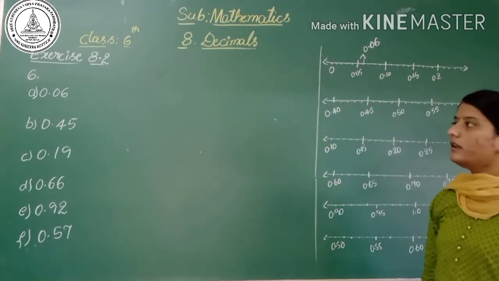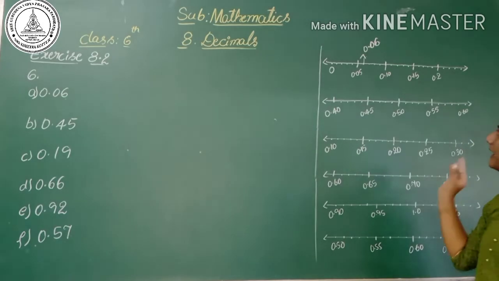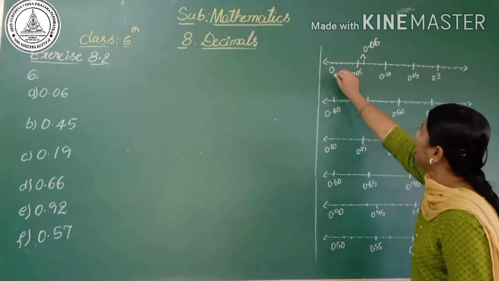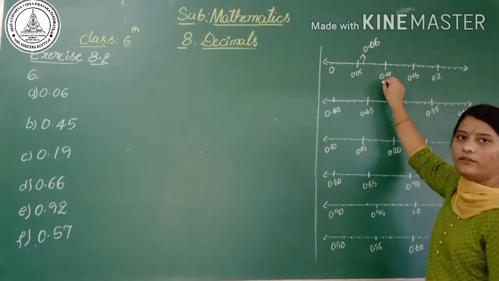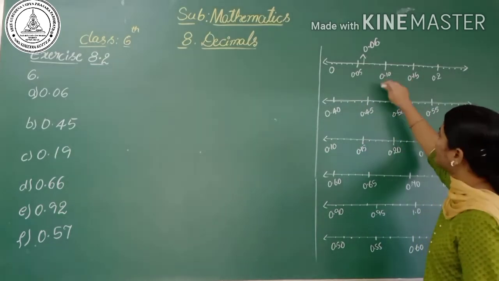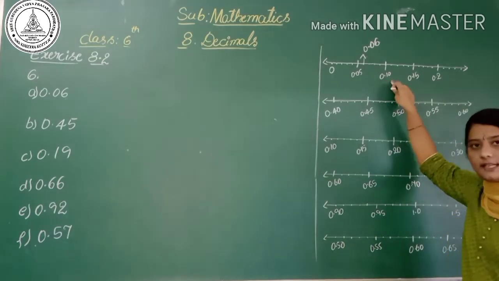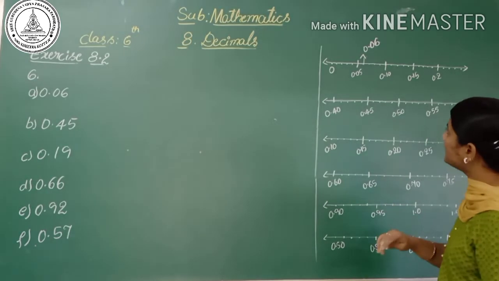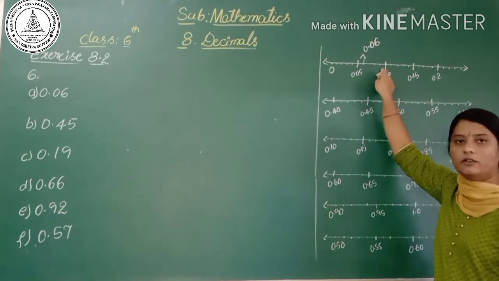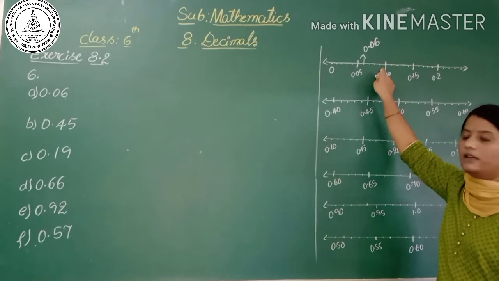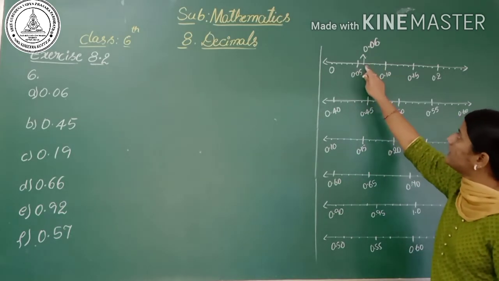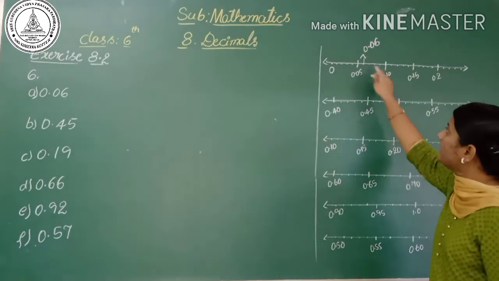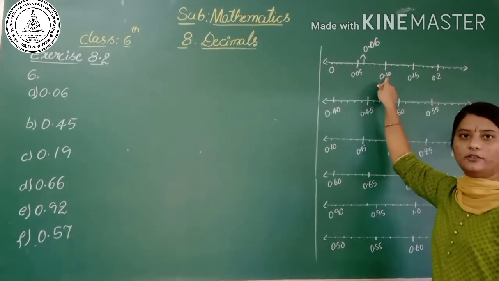Now can you say the decimal number lies between 0 and 0.1? We can also call it 0.10 or 0.1. Here 0.06 lies between 0 and 0.1 and it is nearest to 0.1.